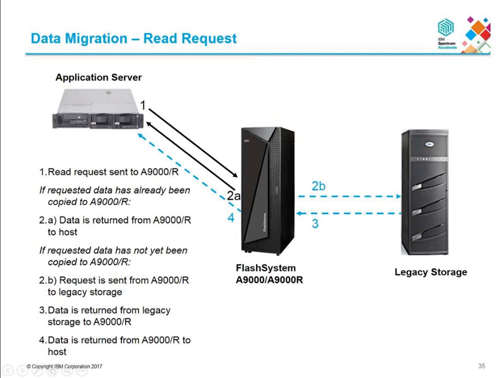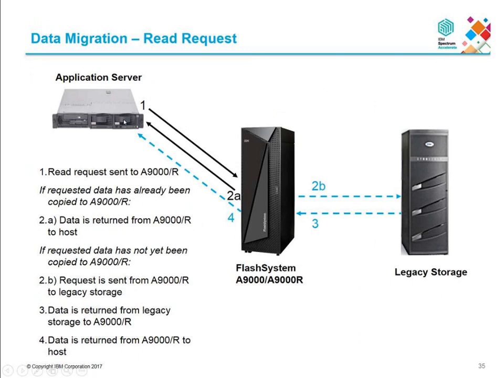So a read request is going to come like this, right? The application server is going to request a read. If the data has already been copied from the legacy storage to the A9000, it just returns it. If it hasn't been, it takes and proxies that read request down to the legacy storage and then returns it to the application server.